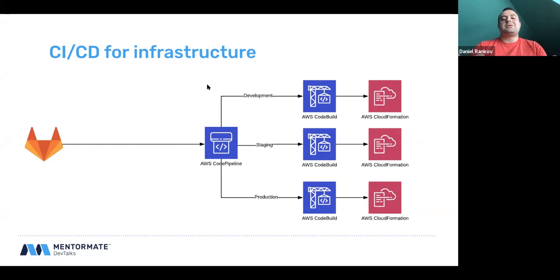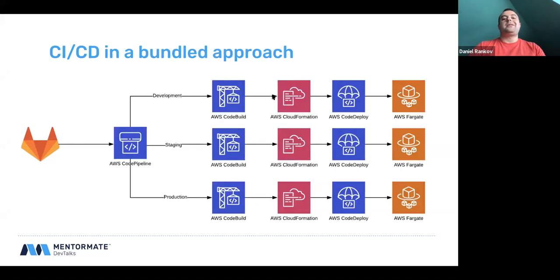So this is really great, and the process is automated as a whole. So why don't we bundle that approach? Let's deploy the infrastructure in an automated fashion, and then deploy the application on top of it, and it's all dynamic.